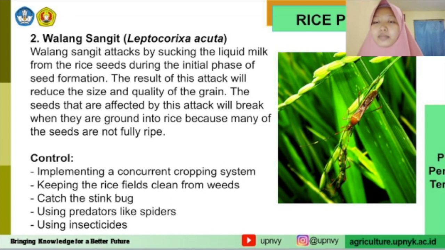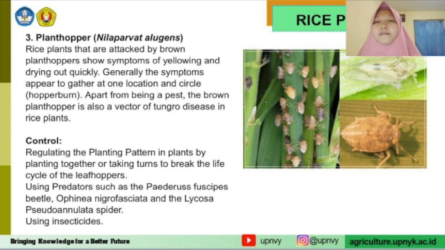Control: implementing a concurrent cropping system, keeping the rice field clean from weeds, catching the stink bug, using predators like spiders, using insecticide.